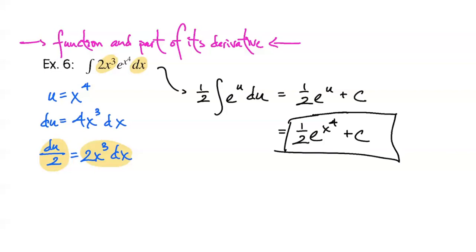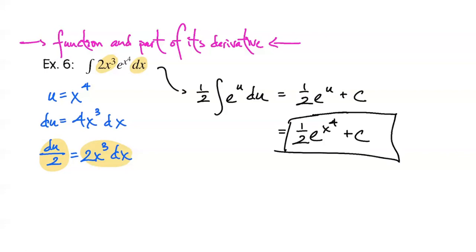The thing in the pink: when you look at a function and you see a function and part of its derivative, that is the clue for u sub.